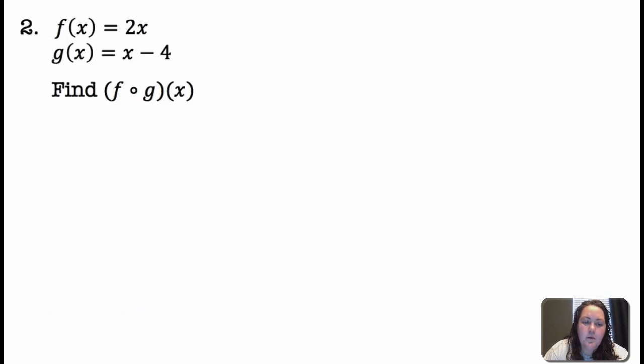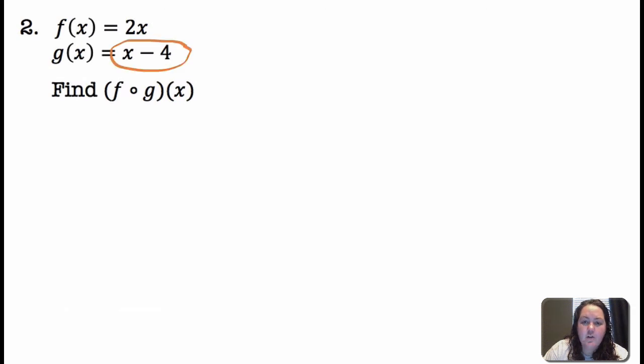Now this is composition of functions, and I don't think you're going to see it too much on FSA, but I want to go over it briefly just in case you do. f of x equals 2x and g of x equals x minus 4. This says find f of g of x. What that means is g of x is inside of f of x.